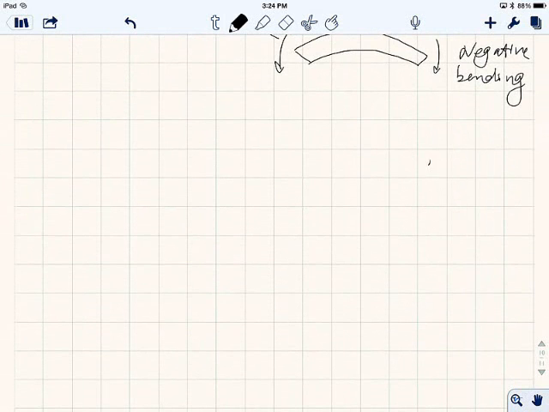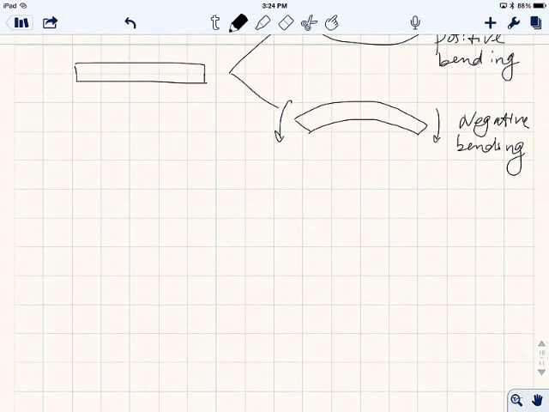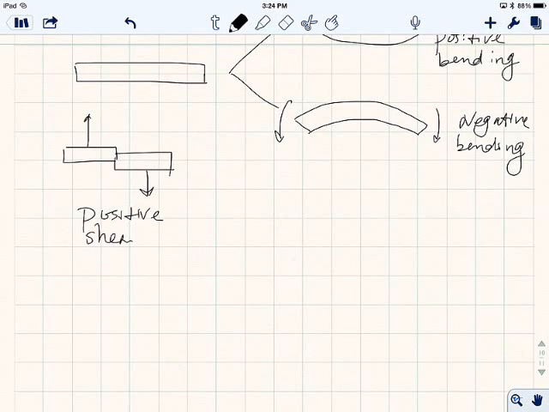All right, and for the shear force, if a shear force is positive on the left-hand side, negative on the right-hand side, it's called positive shear. Otherwise, it's called negative shear.